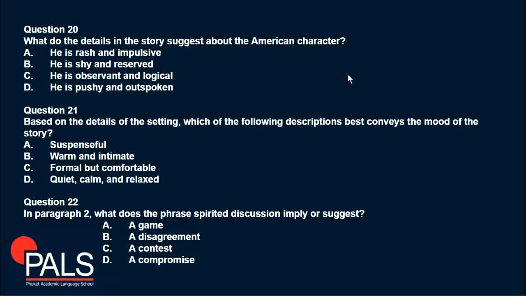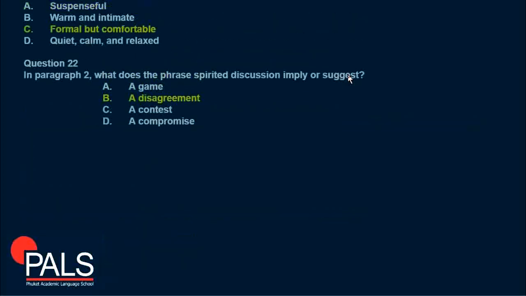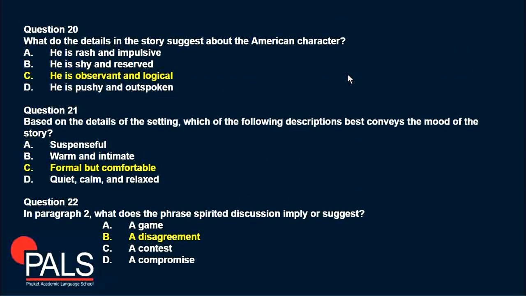Okay, let's proceed. Let's take a look at the answers. So, how can we describe the character of the American? So, C is the best option here. Why? Because the American's profession, he's a naturalist.